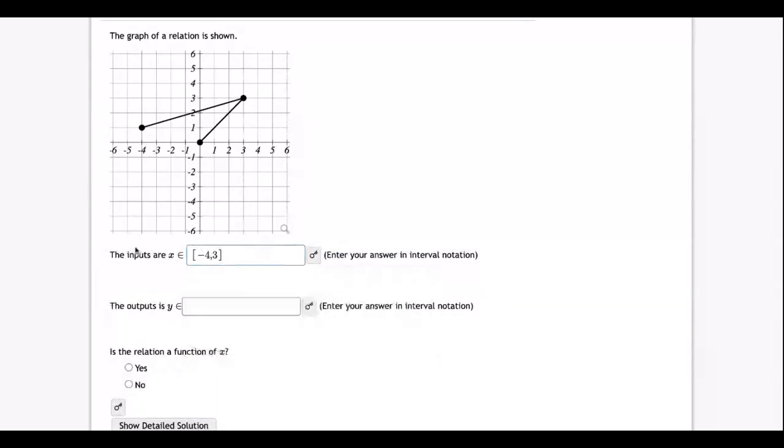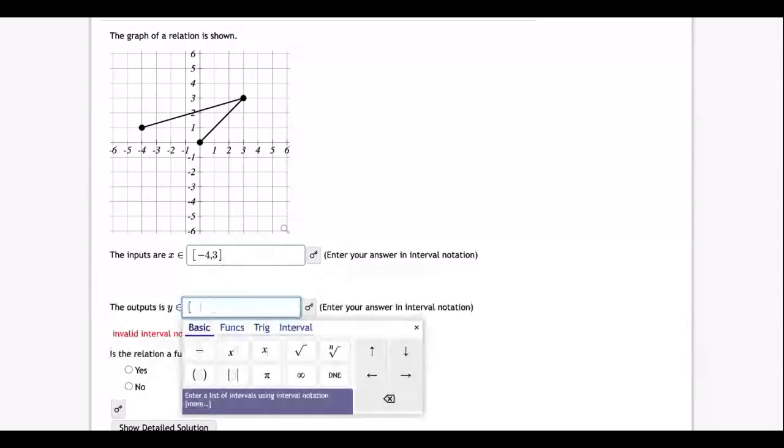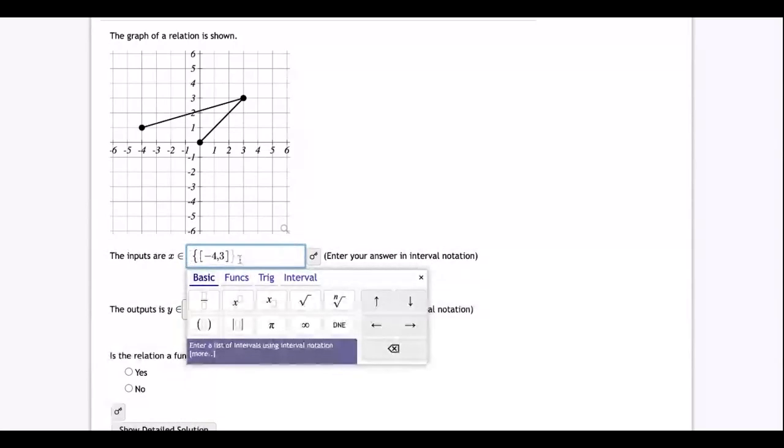So the inputs, or the domain, go from -4 up to 3. What about the outputs? Y, also solid. So go from the bottom up. The lowest value is 0. The highest value is 3. So that's it, right? The output y belongs to a set. To be exact, we put a curly brace.